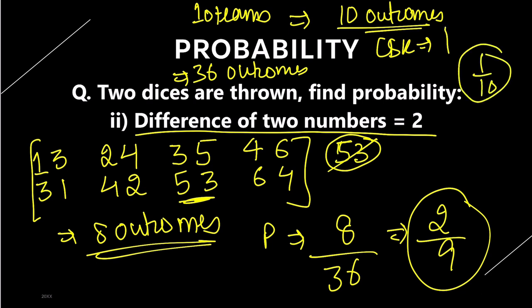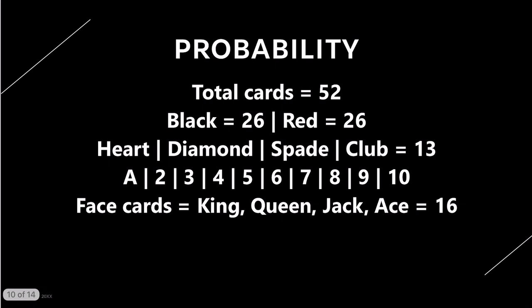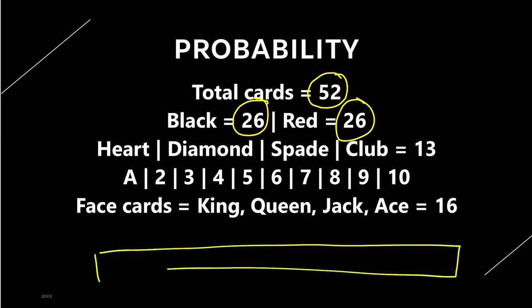We have seen a lot of examples on probability till now. These are the basics. And the second favorite thing of the examiner is cards. So like dice and coin toss, you have to be aware of how playing cards work and how they look. In a deck of playing cards, there are a total of 52 cards. 26 are black and 26 are red.